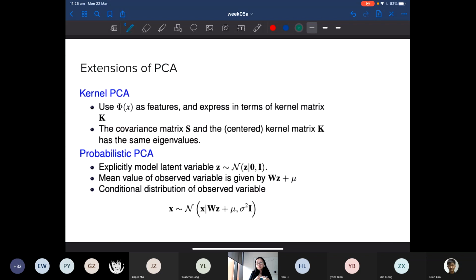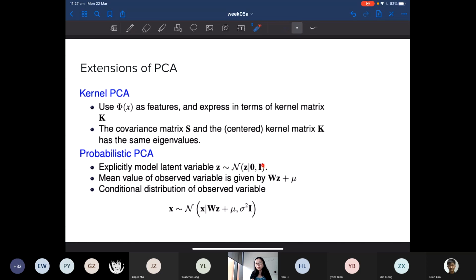So there are 2 extensions of PCA we're not going to talk about. Kernel PCA you'll likely see in assignment 2. That covers both PCA and kernels. It's a nice thing to play around with. And then for probabilistic PCA, the general thought is basically to explicitly model the latent variable, or the PC dimensions, or the projected dimensions, in an isotropic space, right?